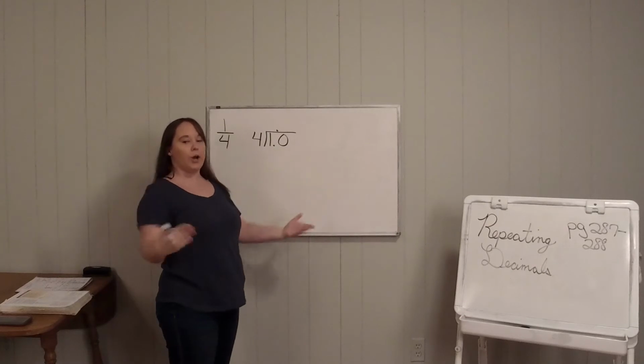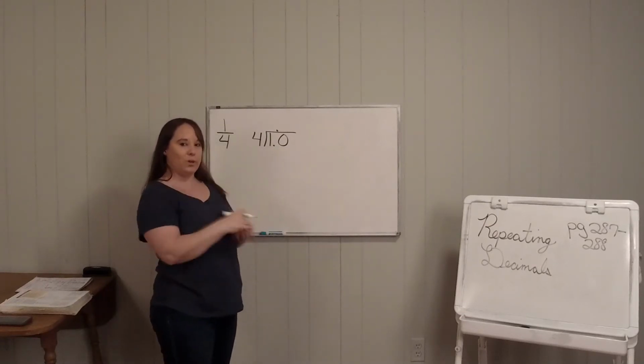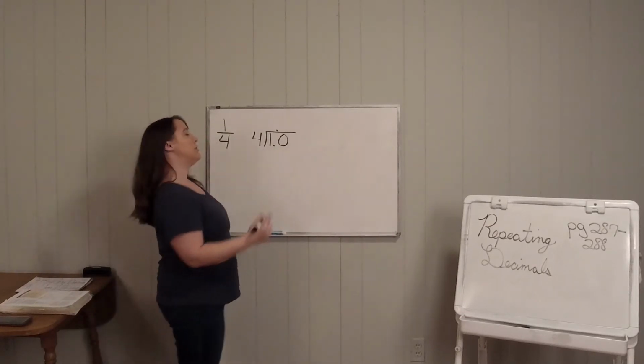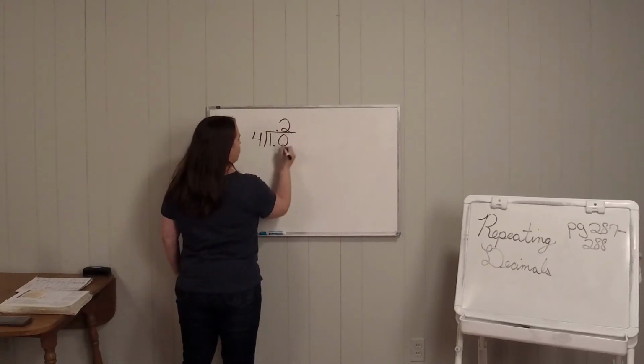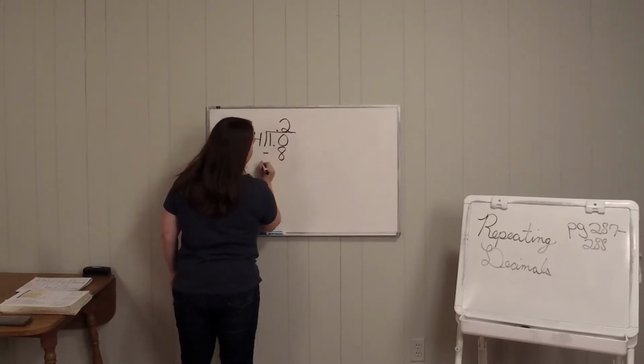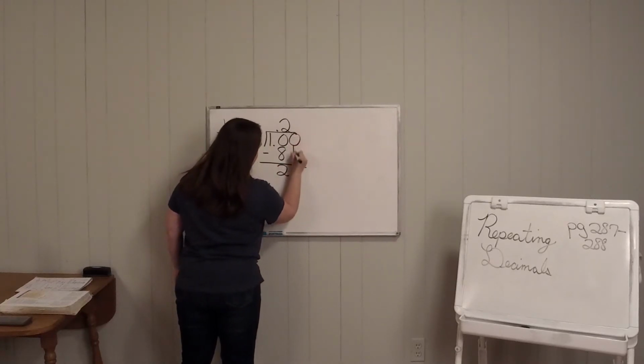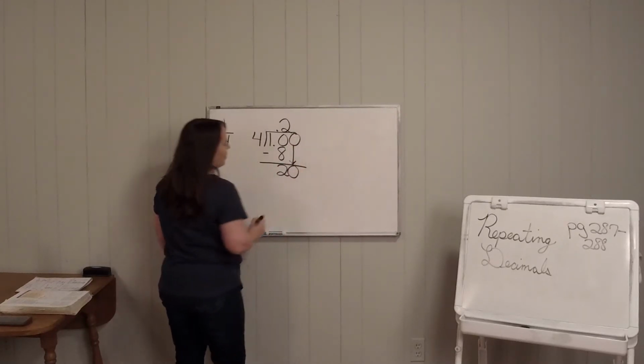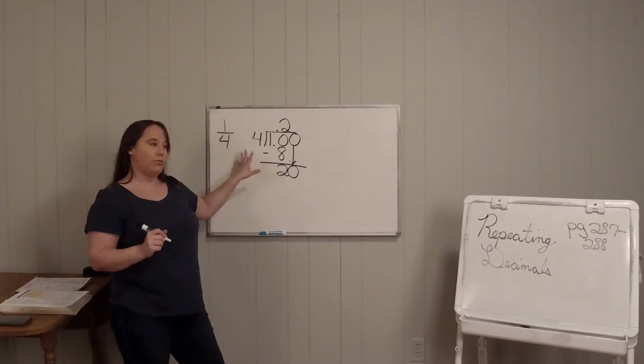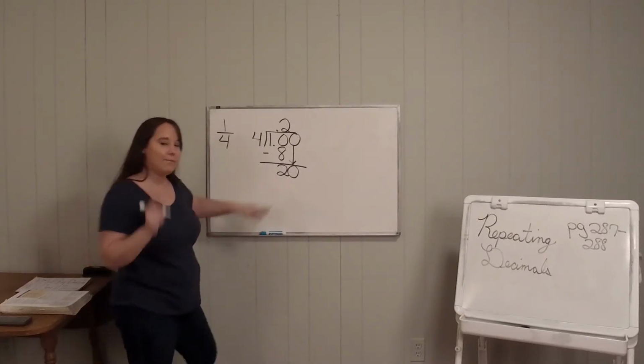It won't keep going on and on, is what it means by a terminating decimal. It will stop. So 4 goes into 10 2 times, and that's 8. 10 minus 8 is 2. Annex your 0 and bring it down. Now we know that 4 can go evenly into 20 5 times.